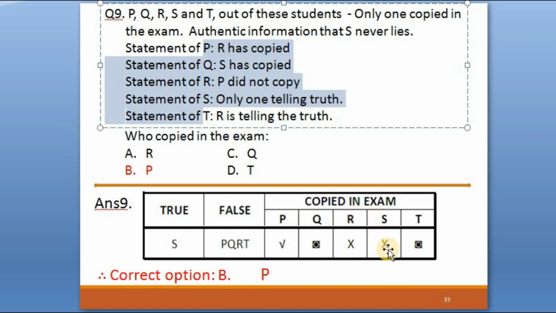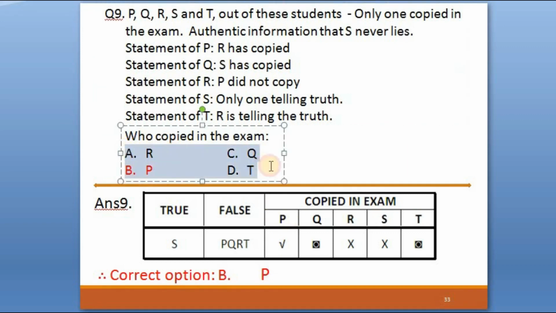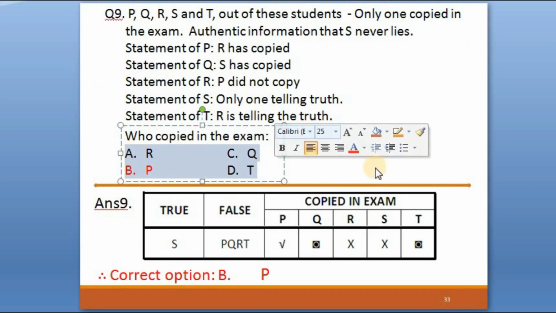And since no one has given a clue about Q and T, there is ambiguity about Q and T. But one thing is sure, that as per these given conditions, P is the suspect who has copied. So out of these 4 options, the second, B, that is P is the person who has copied, right? So B is the right answer.